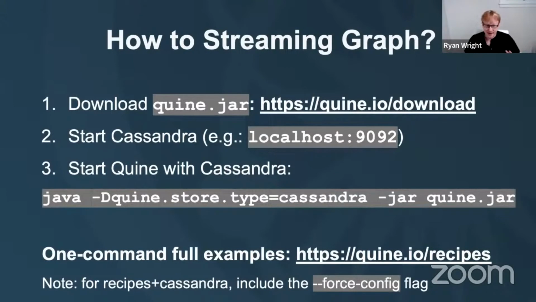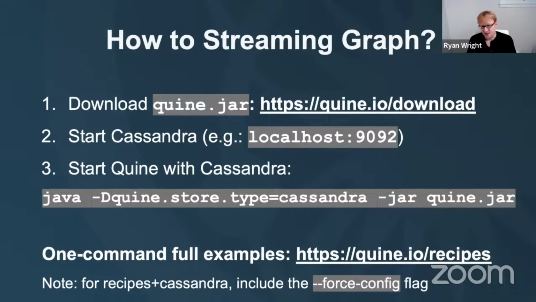So if you'd like to try this, it's really just a 3-step process: download Quine. It's free and open source software. Start up Cassandra, by default run it on your local system, and then just run the executable with the Cassandra storage configuration option, and you're off and running. At quine.io/recipes, you'll see examples of particular applications that are all run with just one little command line.